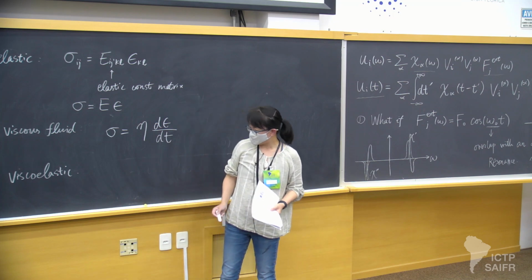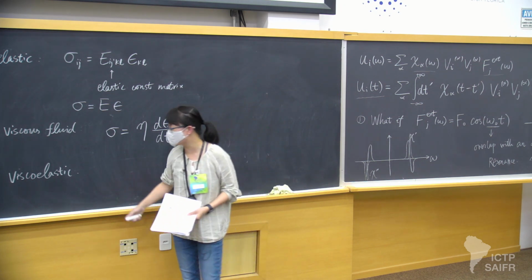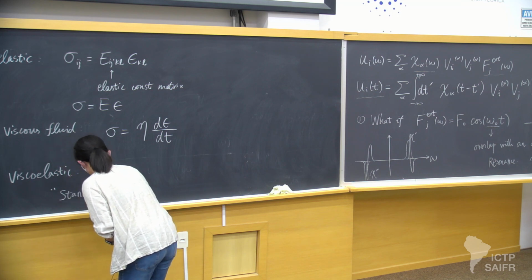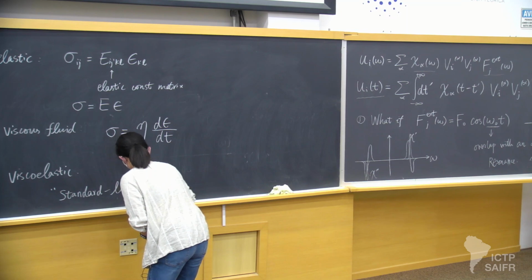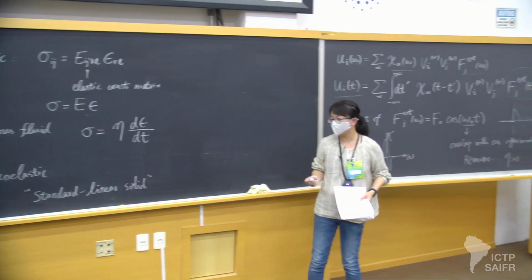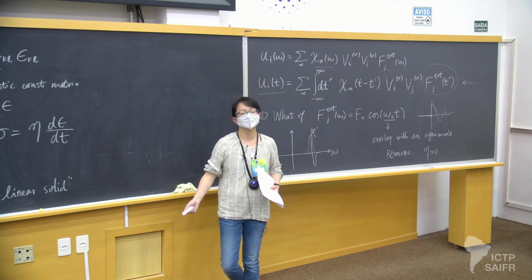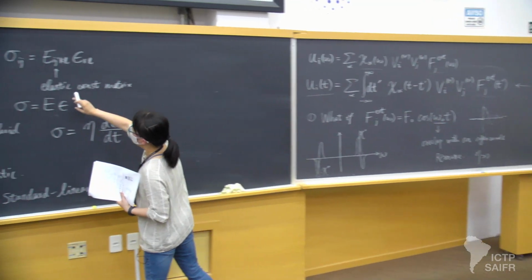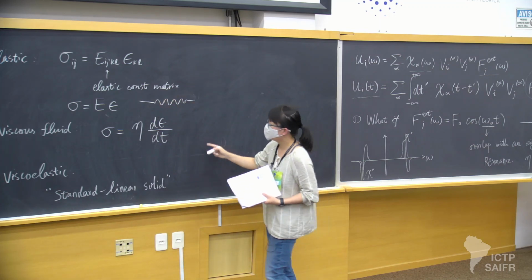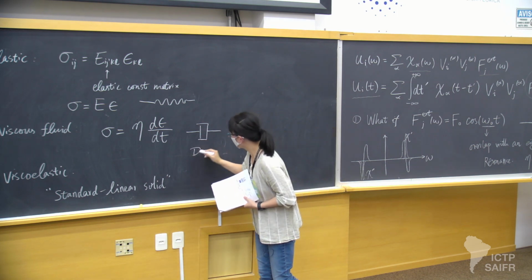A group of models that people often use phenomenologically to describe viscoelasticity is the so-called standard linear solid, which is basically just to treat the real material as a circuit. For an elastic element, I can think of it as a spring like this. For a viscous element, I think of it as a so-called dashpot like this.